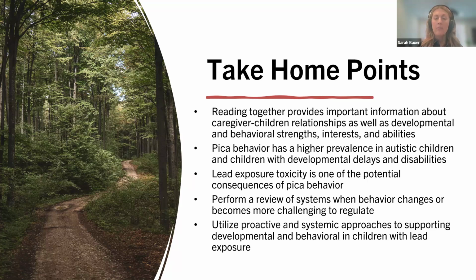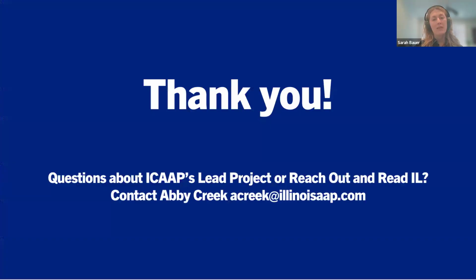Pica behavior has a higher prevalence in autistic children and children with developmental delays and disabilities. And lead exposure, lead toxicity is one of those potential consequences. So if behavior changes from baseline or it becomes more challenging to regulate, going through a review of systems to see if there's something else going on is the first step. And then afterwards, utilizing a proactive and systemic approach to supporting kids in that process. So thank you for your time.